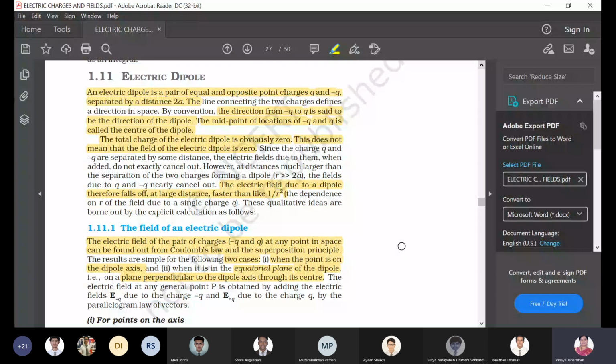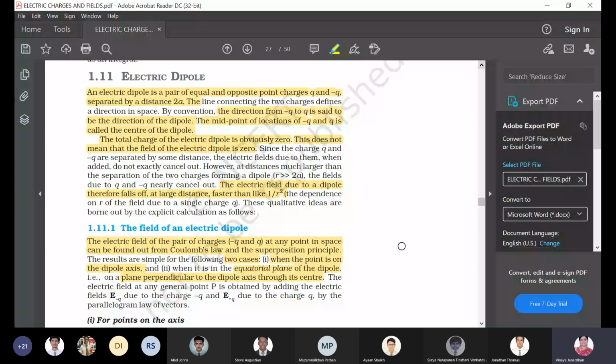You will find it at two cases: a point along the axis of the dipole, and an equatorial point. An equatorial point lies on an equatorial plane, which is a plane perpendicular to the dipole through its center.